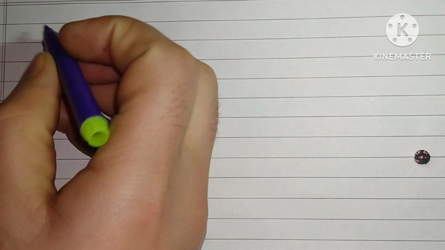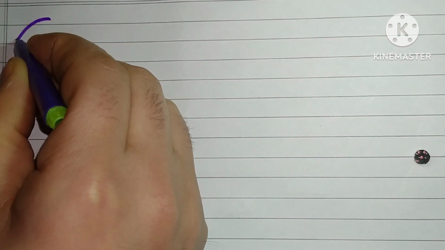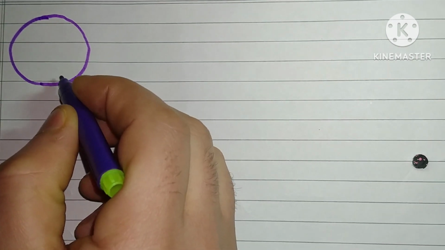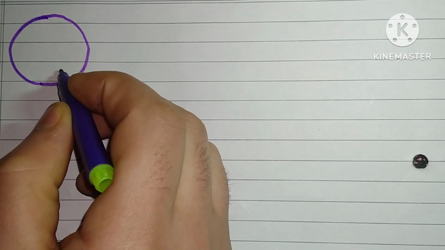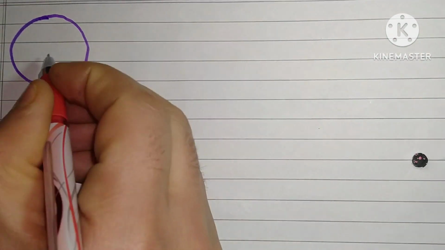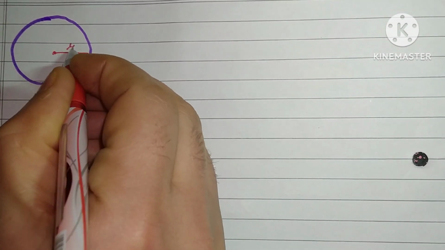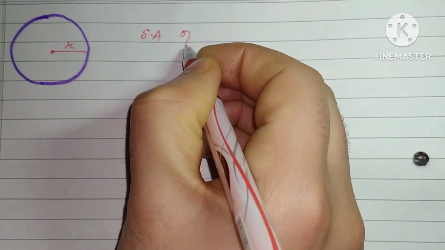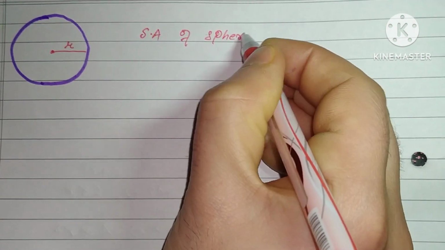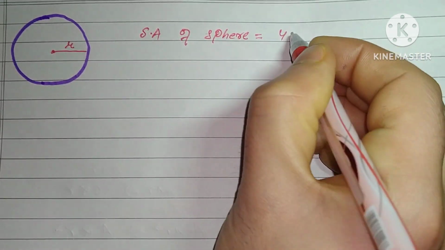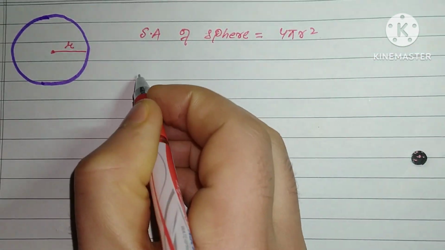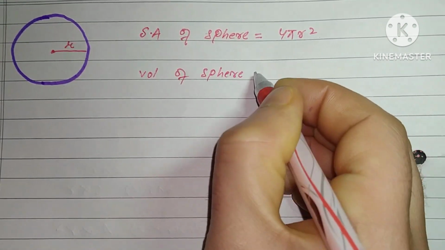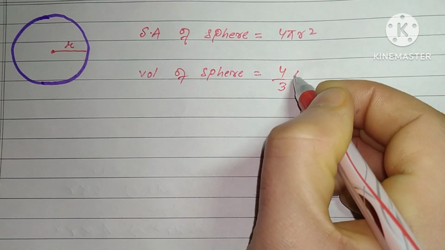Now take another figure, the 3D figure, sphere. Sphere is a 3D figure. It is not circular, it is a sphere. If this is the radius of the sphere, the surface area of the sphere is 4 pi r square, and the volume of the sphere is 4 by 3 pi r cube.